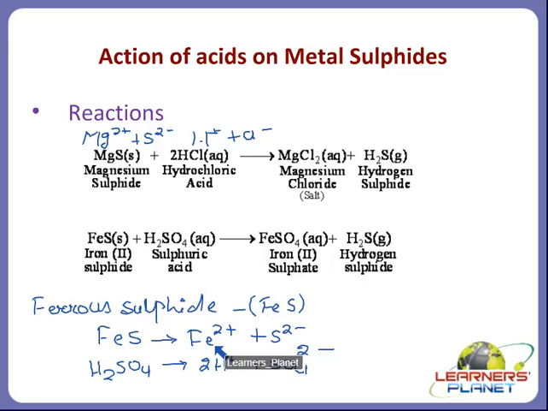It would be taking place between Fe2 plus and SO4, sulfide and H. If I put a cross here, it would be easy for you. So what are the products formed, children? It is ferrous sulfate, that is iron 2 sulfate, and hydrogen sulfide. So this is the action with metal sulphides.